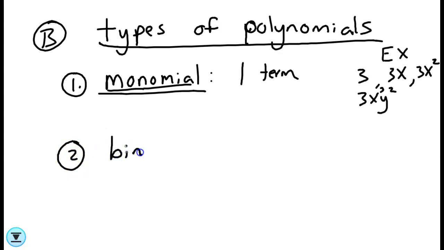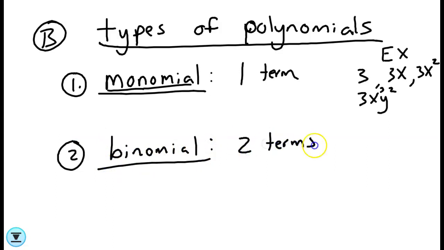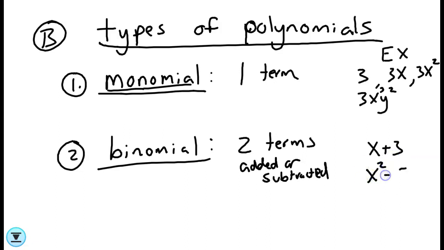So a binomial is when you have two terms being added or subtracted. So for instance, x plus 3 or x squared minus 5xy. Those are both examples of binomials.